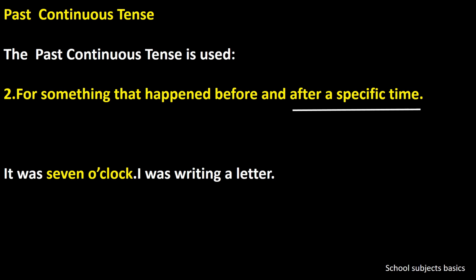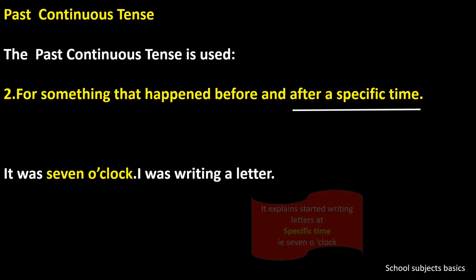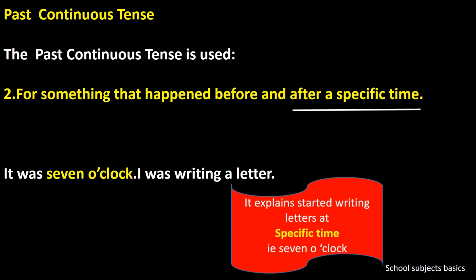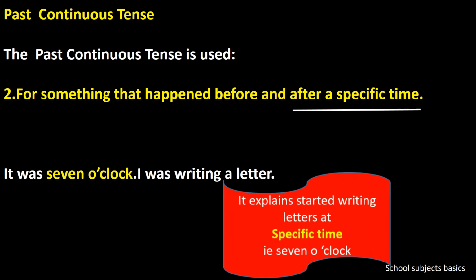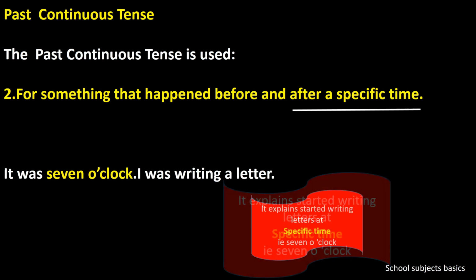So from this example we can clearly understand that the time is given, that is 7 o'clock, and I was writing a letter at that time. So it explains something that happened before and after a given specific time, and the given specific time here is 7 o'clock.